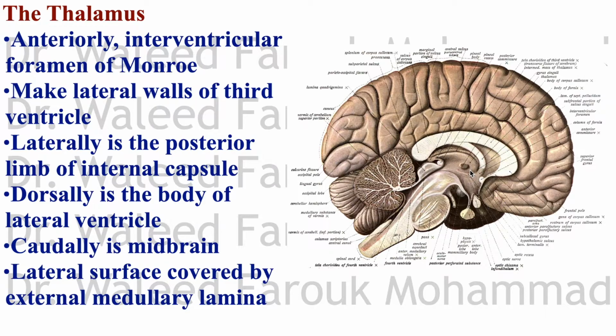The posterior limb of the internal capsule is the lateral relation to the thalamus. Dorsally is the body of the lateral ventricle. Of course, the lateral ventricle is hidden here. Caudally is the midbrain, as you can see here, and the lateral surface is covered by the external medullary lamina.